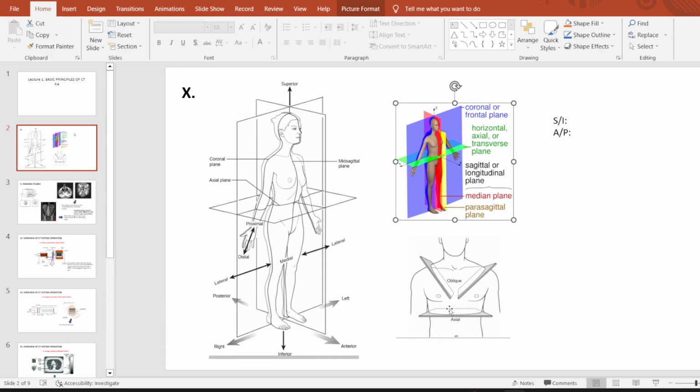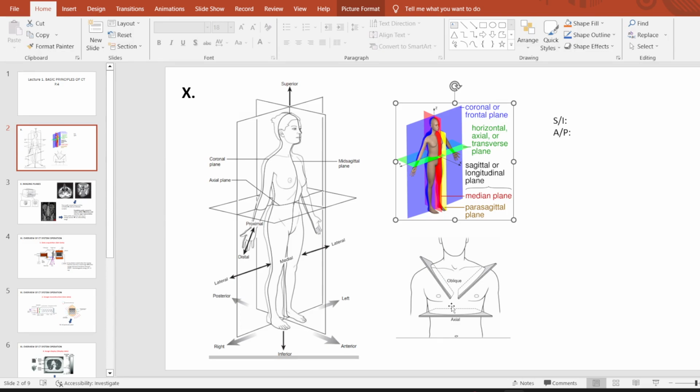So maybe it's 30 degrees or 45 degrees to the other plane. It is not perpendicular to our body. It just creates an angle to the other plane.